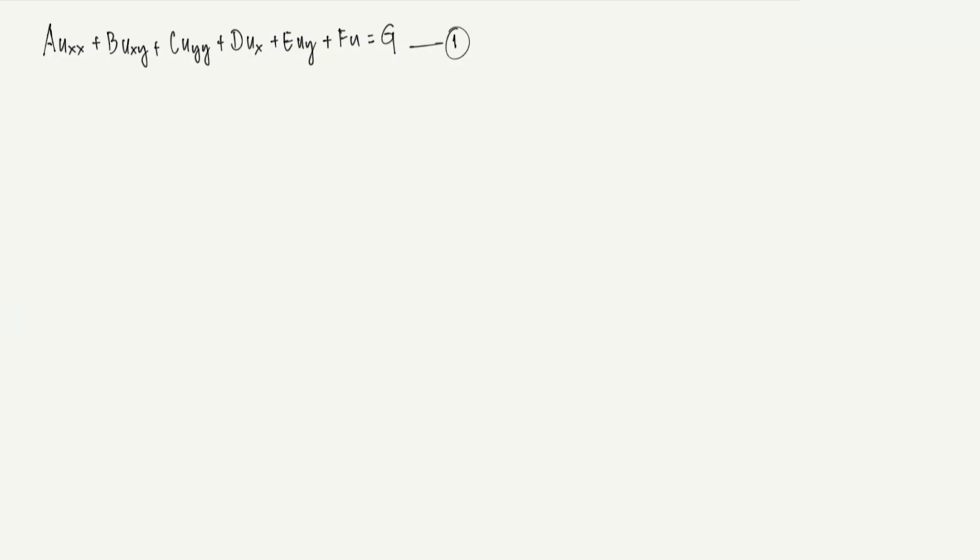Now we wanted to transform this equation into a much simpler equation. So we introduce new variables. What are the new variables? We introduce xi, which is a function of x and y, and eta, which is again a function of x and y.